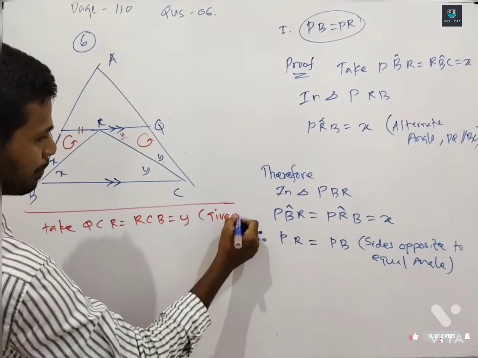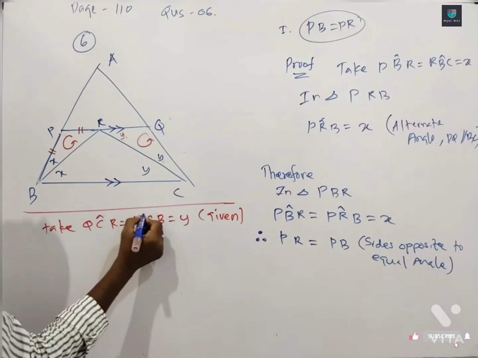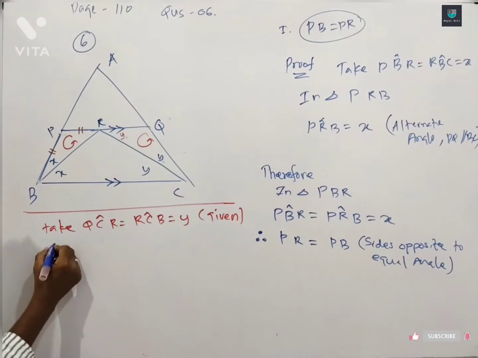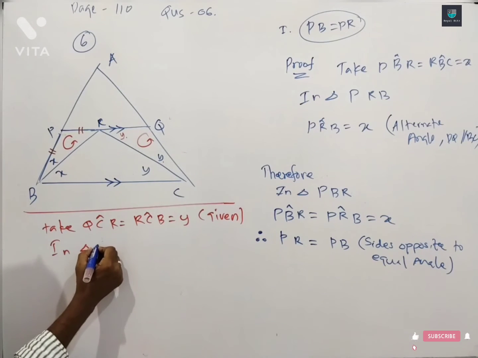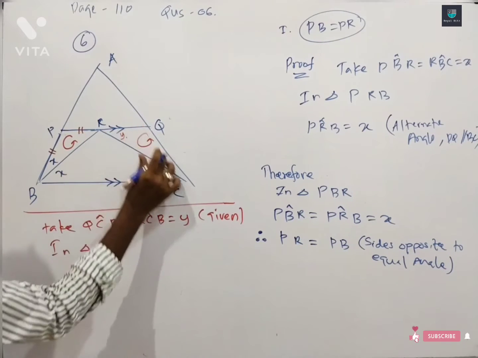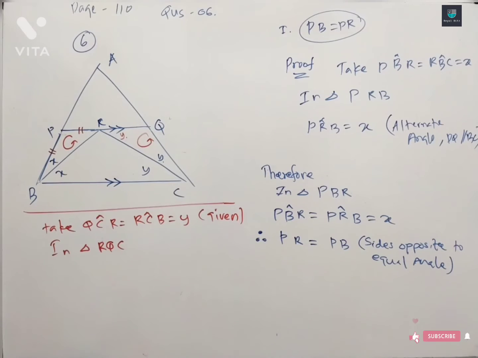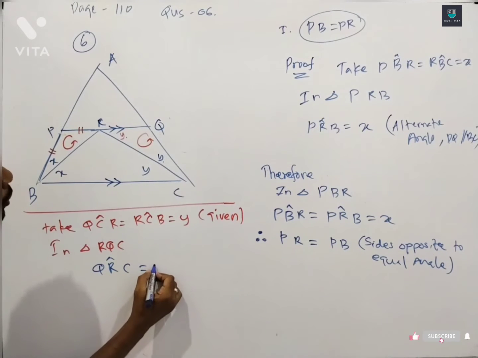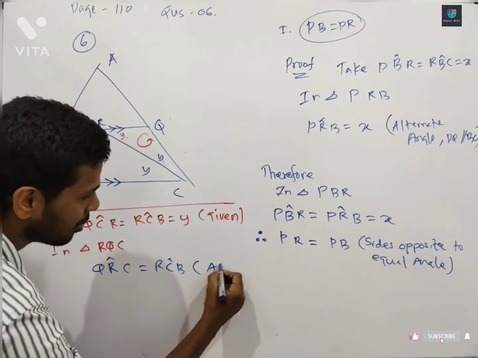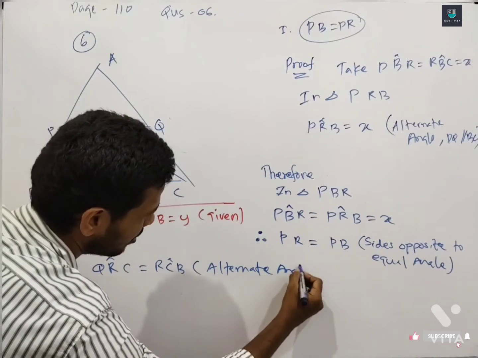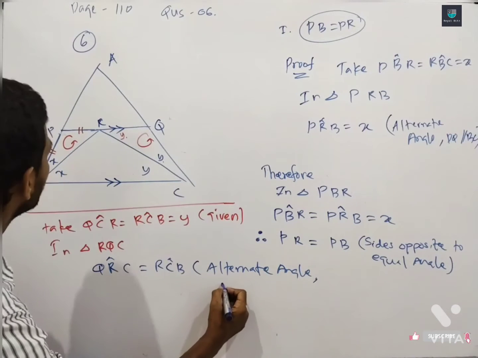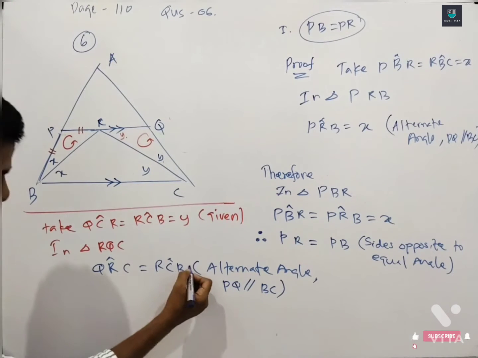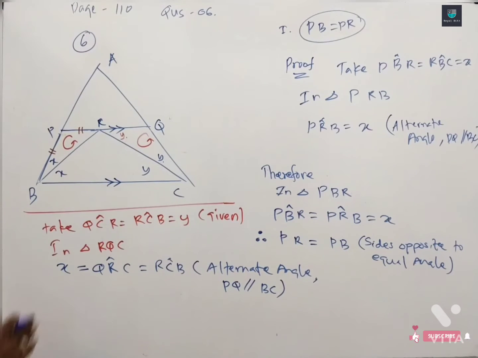This is given, since RC is the bisector of angle C. Now in triangle RQC, angle QRC is equal to angle RCB. The reason is alternate angles, where PQ is parallel to BC. So that is equal to y.